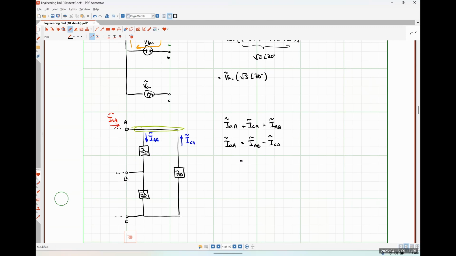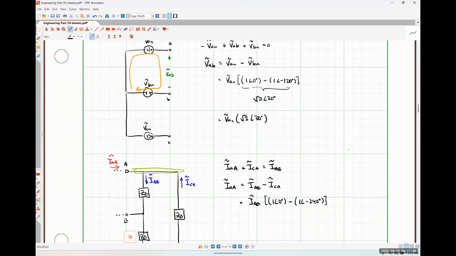And since my C phase current is going to be lagging my A phase current by 240 degrees, this is going to look like IAB times a factor of 1 angle 0 degrees minus 1 angle negative 240, right? So to be clear here, we used 1 angle negative 120 on the voltage because we were comparing it to the B phase.